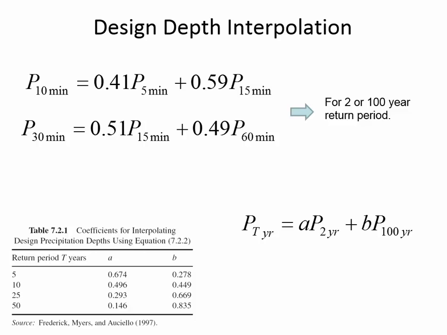And then likewise, if you know the 5-minute and the 15-minute duration, then you can estimate the 10-minute duration. And if you know the 15 and the 60, you can estimate the 30-minute duration. So you actually don't have to have that much information. You just need the 2 and 100-year to be able to interpolate all the other return periods. And then you only need to know the 5, 15, and 60 to interpolate the 10 and 30-minute durations.